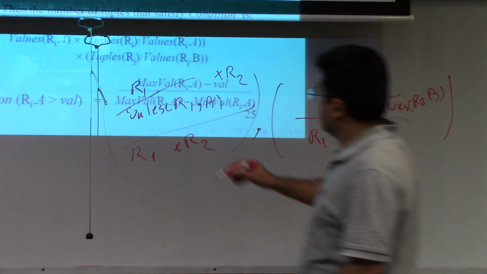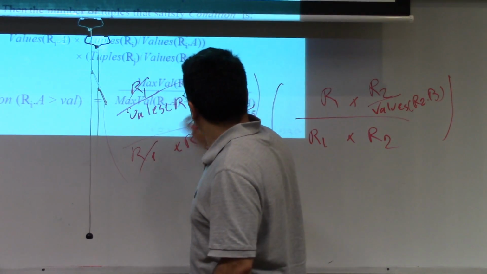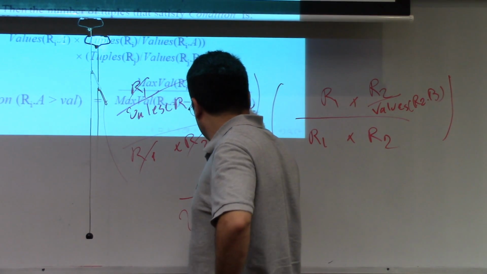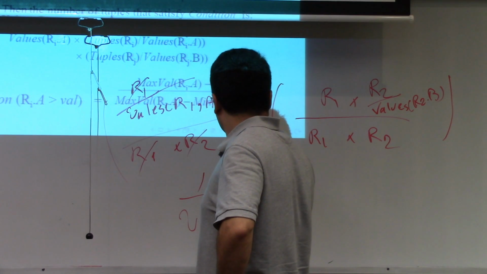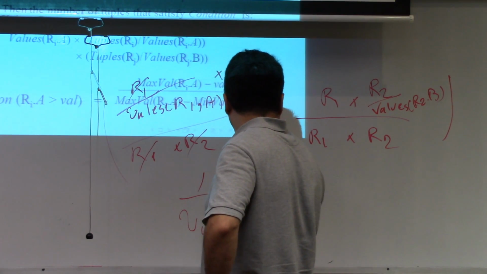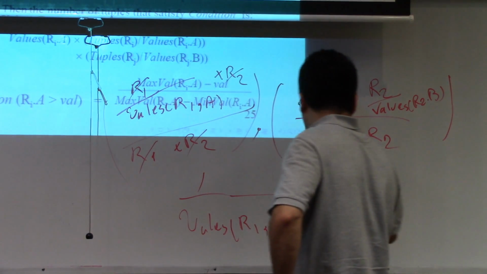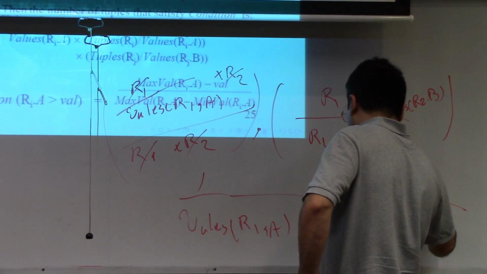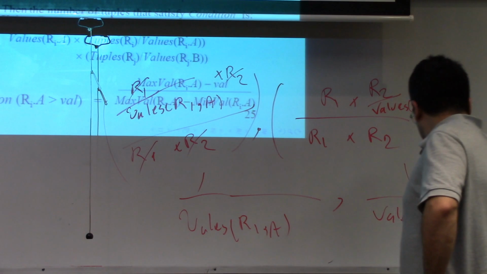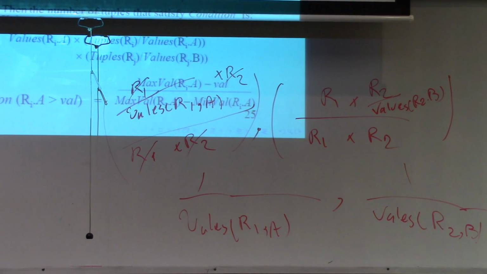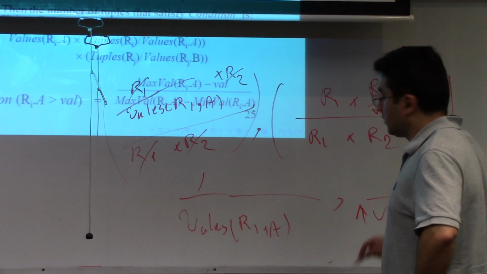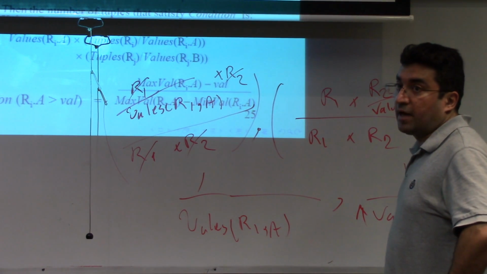If I match this with this and this with this, it will be 1 over values of R1 and A. So, which one is the minimum? The one that has fewer records. Yes, probably this one, because this number is maximum.